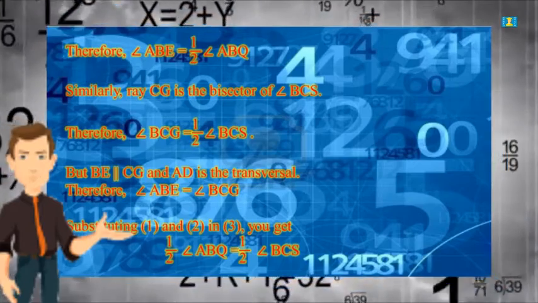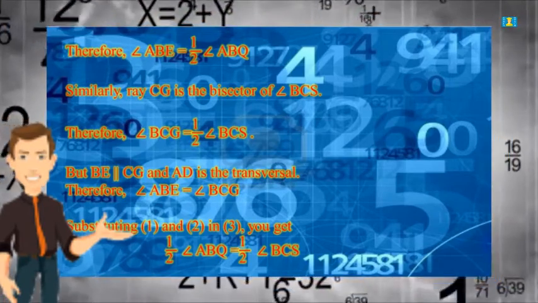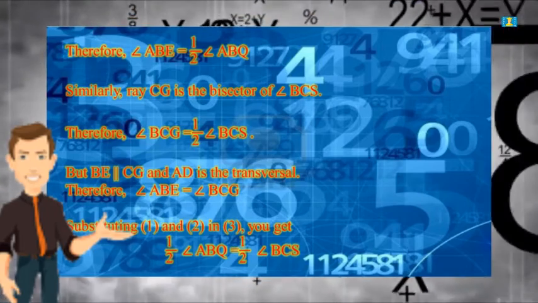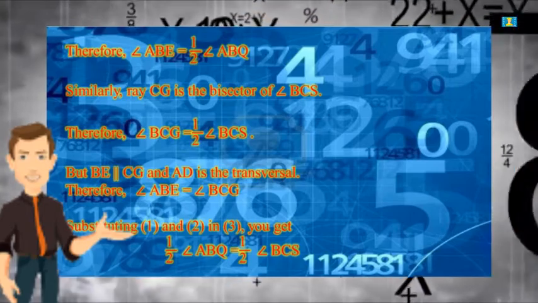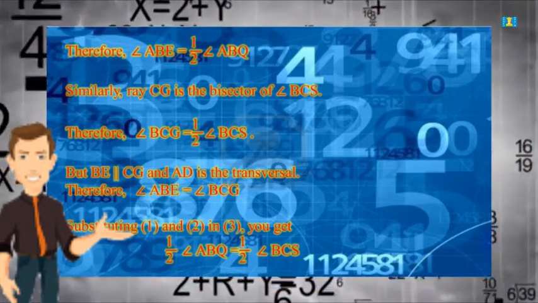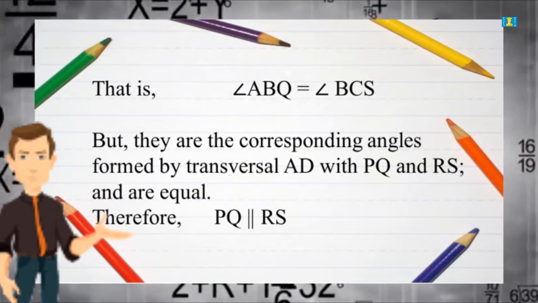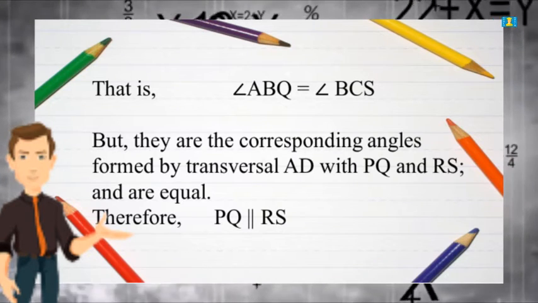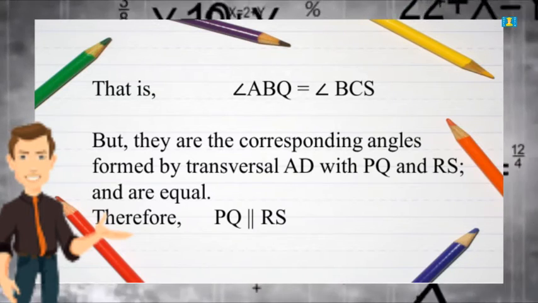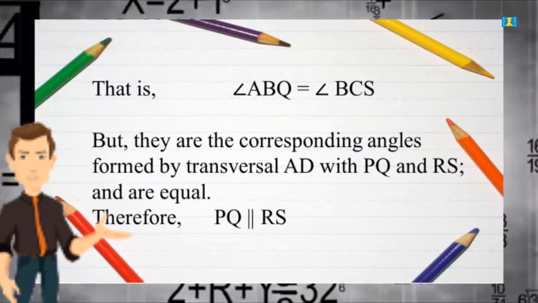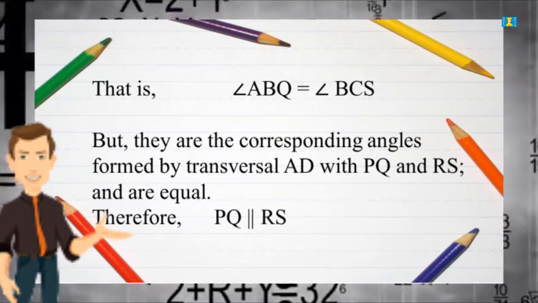Therefore, equation number 3, angle ABE is equal to angle BCG. Substituting equations 1, 2 and 3, we get half angle ABQ is equal to half angle BCS. That is, angle ABQ is equal to angle BCS. But they are the corresponding angles formed by the transversal AD with PQ and RS and are equal. Therefore, PQ is parallel to RS.